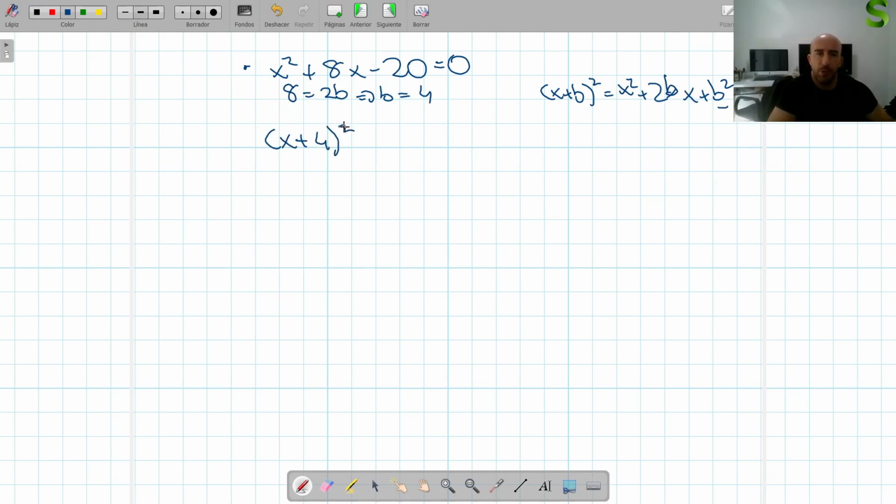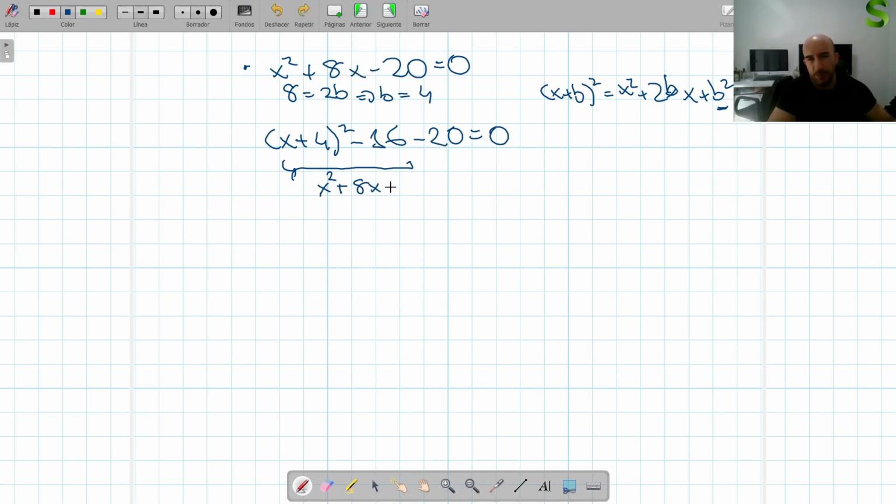So the perfect square we're looking for is (x + 4)². But in (x + 4)², the last term is 4 squared, which is 16. I don't want it. I'm going to remove it. Minus 16. And then I'm going to add the one I want, minus 20, for my expression. So again, (x + 4)² is x² + 8x + 16. I don't want that 16, so I'm going to remove it. And then by doing this it will only be x² + 8x, which is what I want here.